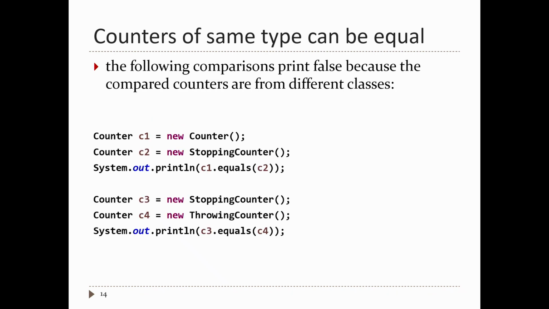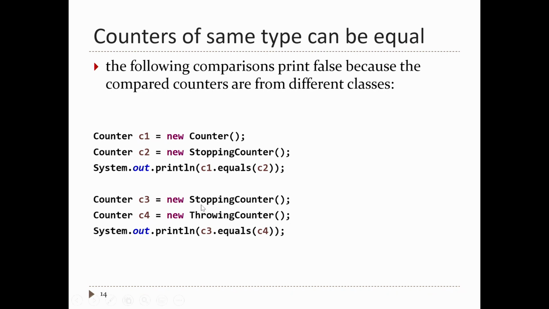What you cannot do is to write the following. Make two objects, one's a Counter, one's a StoppingCounter. Their values are both 0, but if you write c1.equals(c2), you get false. Why? Because one's a Counter and one's a StoppingCounter. getClass for Counter is different than getClass for StoppingCounter.